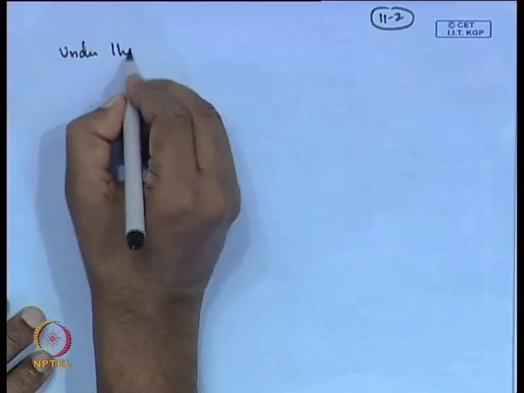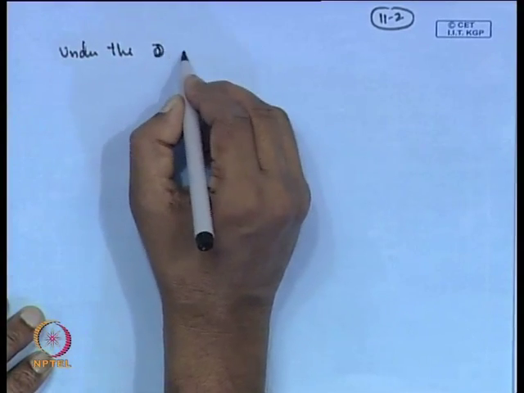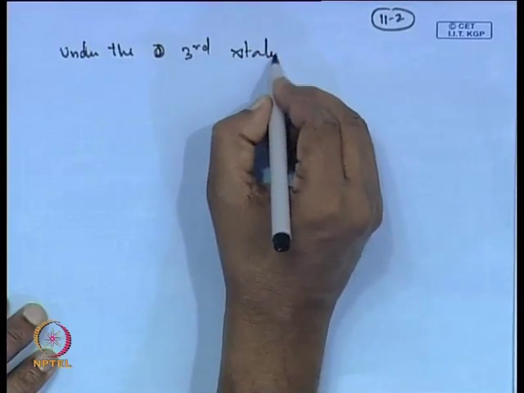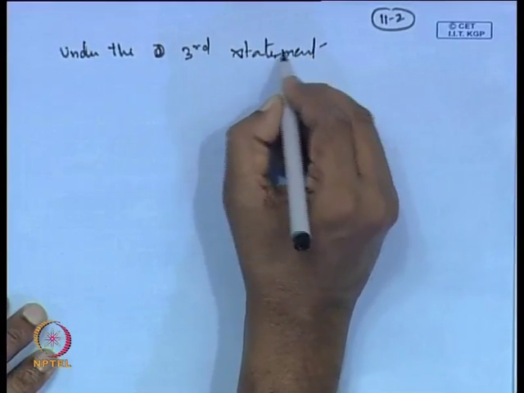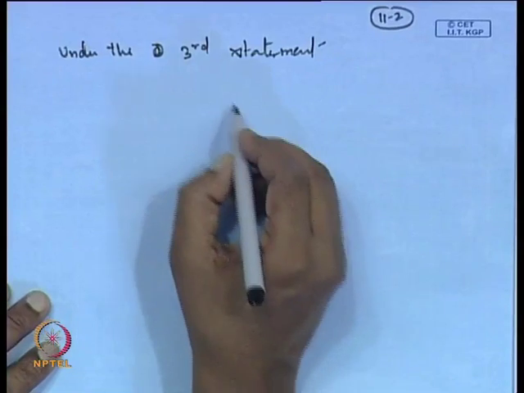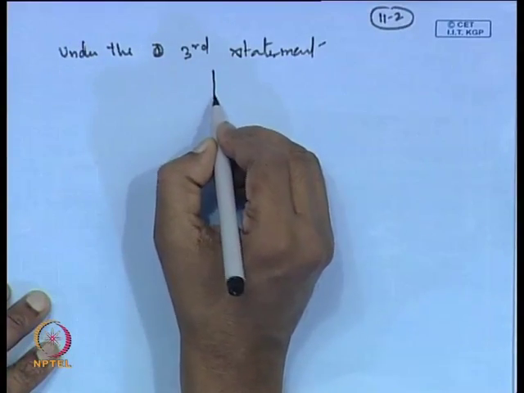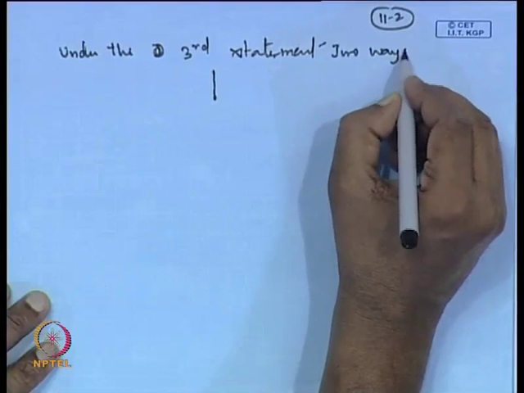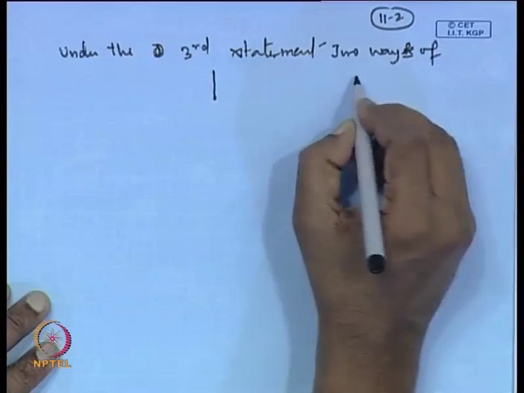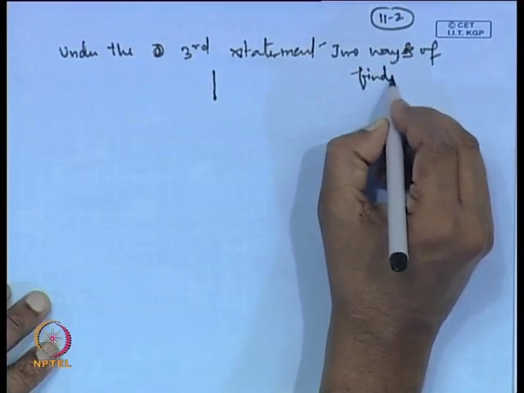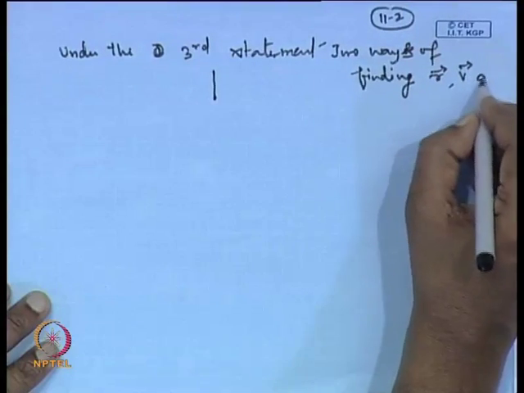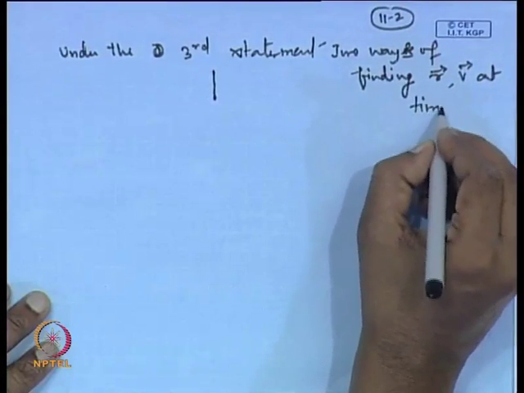Under the third statement, we have two ways of finding r, v at time t.